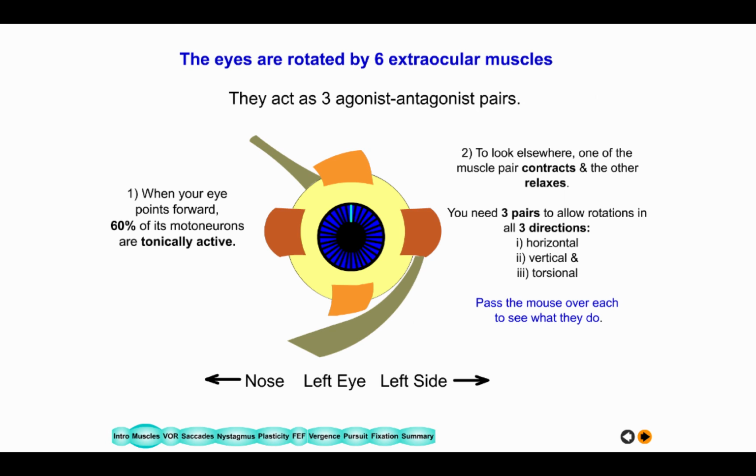The other thing to note is that we have 6 muscles, or 3 pairs. If you count both eyes, you have 6 pairs, but one eye only has 3. And you have 3 pairs in order to move the eyes in any possible direction. So you have muscles that pull horizontally, vertically, or torsionally.